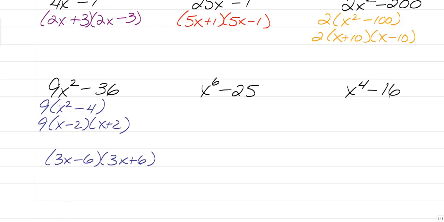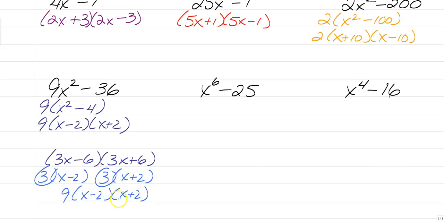So you could factor out a 3 from this, leaving you with x minus 2, and you can factor out a 3 from the second one, leaving you with x plus 2, and your 3's on the outside can just be multiplied together and combined to 9 times x minus 2 times x plus 2. So you get the exact same answer, but in order to keep things a little bit safer, you should always look for a GCF first.